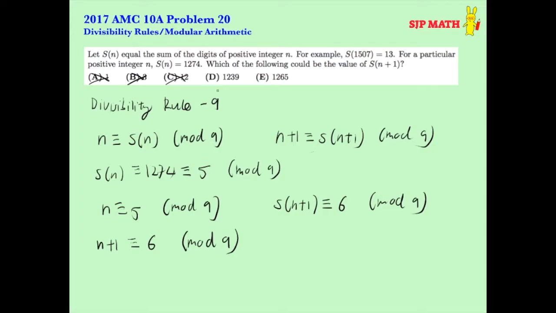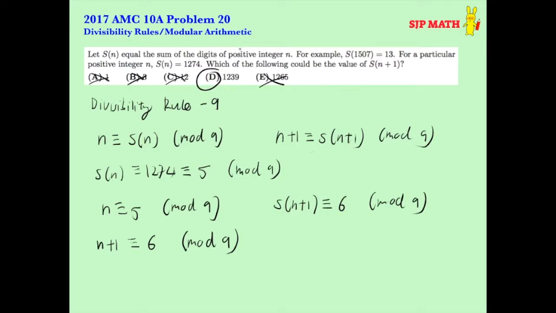So this seems like the answer, but we'll check E as well. 1265 has a remainder of 5 when divided by 9. So no, E doesn't work either. That means only D works. Only D satisfies this. So D is the answer.